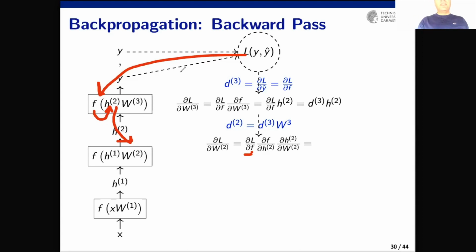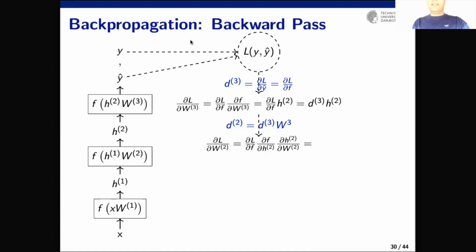So the first piece of the chain is the derivative of L with respect to F. The second part is the derivative of F with respect to H2. And the third part is the derivative of H2 with respect to W2. The derivative of L with respect to F is D3, right? The derivative of F with respect to H2 is W3, right? And the derivative of H2 with respect to W2 is H1.